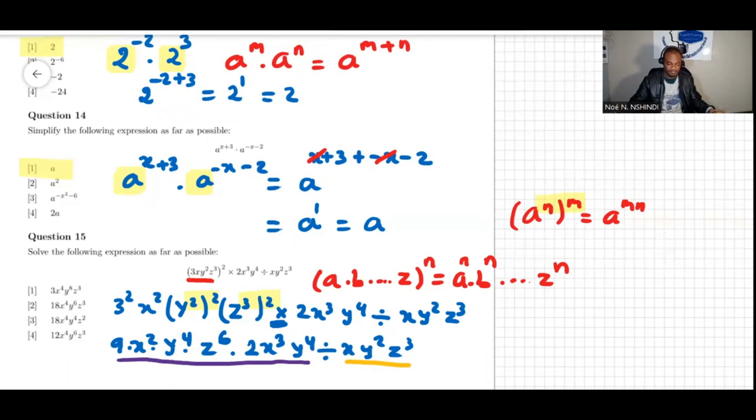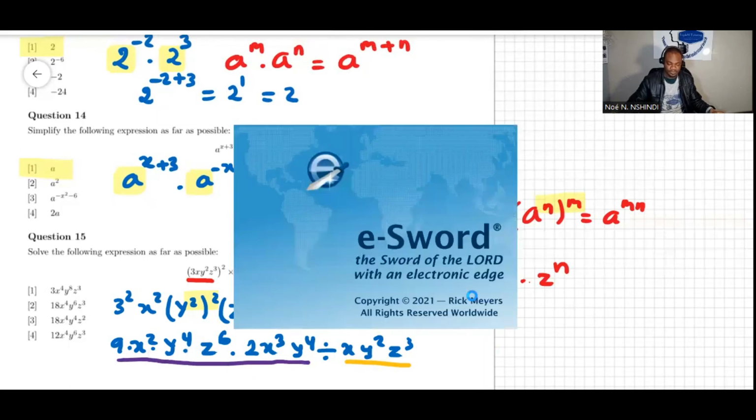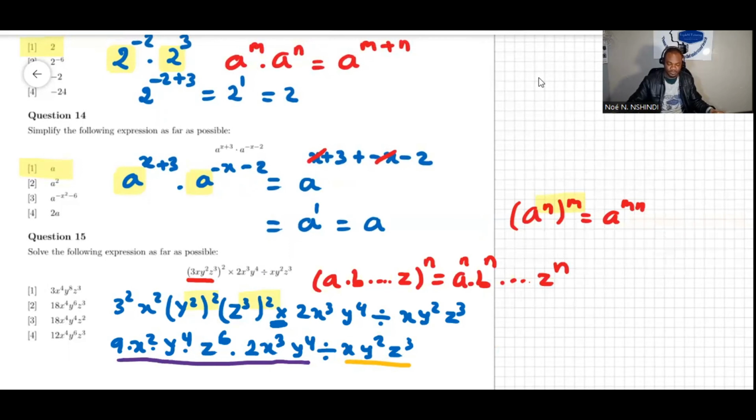Because of space, I'm going to split it like this. So that makes 18, and then we have x squared over here, and then x cubed there. This can be combined, same base. We add the exponents, so 1x, and the exponent will be 2 plus 3, which is 5.